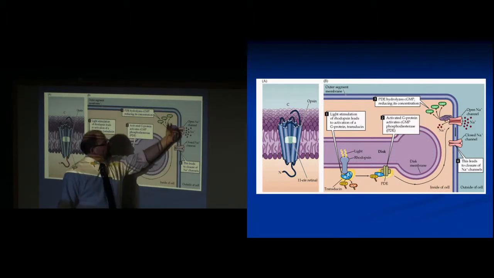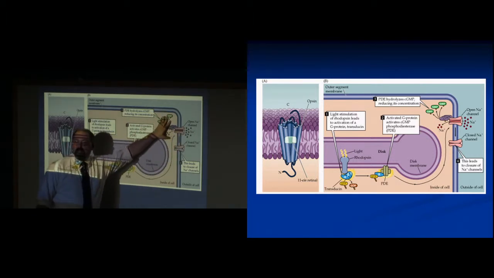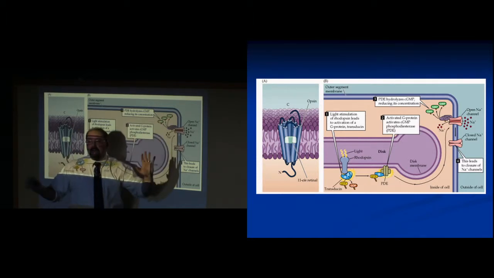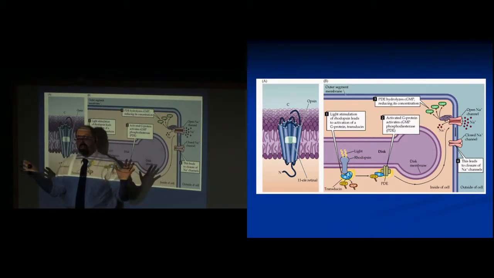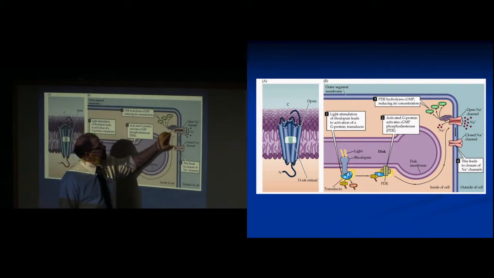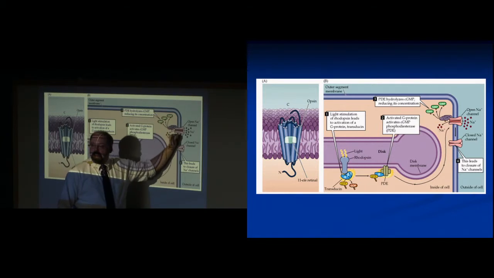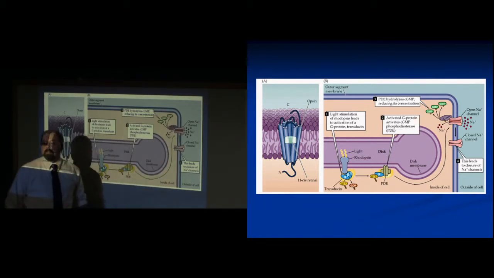Now, when sodium comes into a cell, what happens to the membrane potential? It depolarizes it. Okay, so my photoreceptor, at rest, just normally sitting around, I've got sodium flowing in. It's always going to be depolarized. The membrane potential is always depolarized.